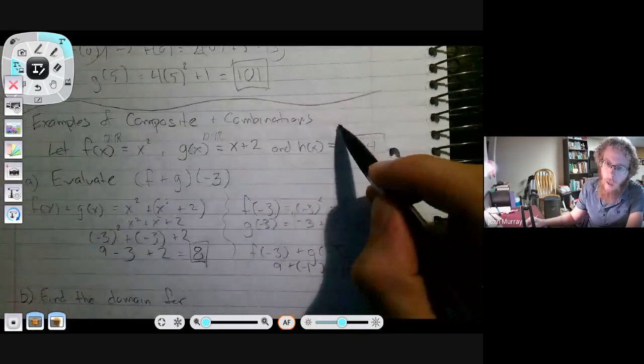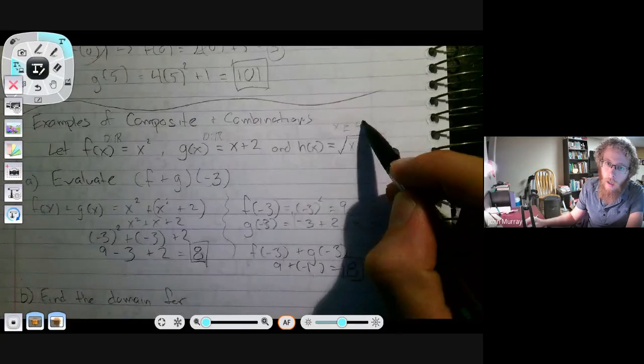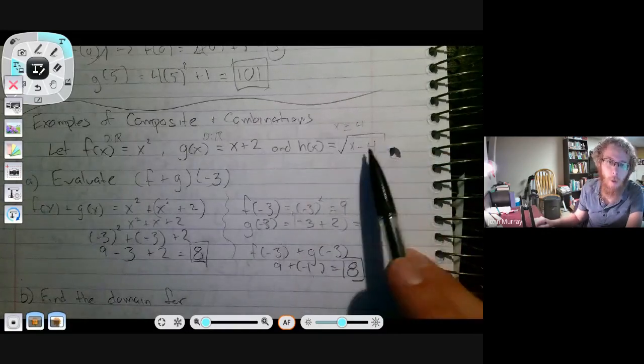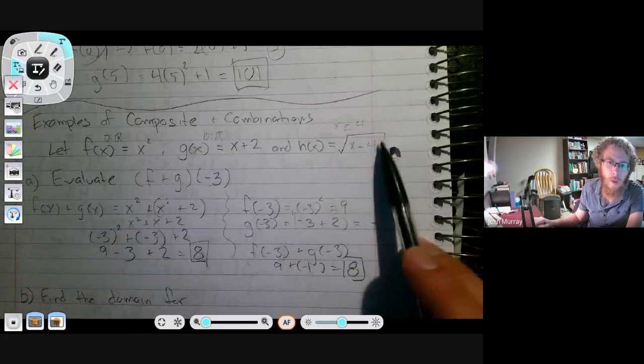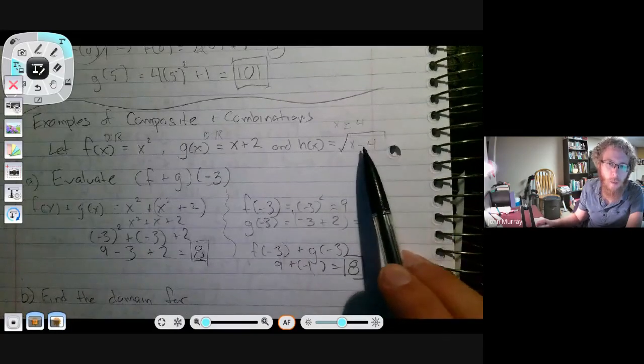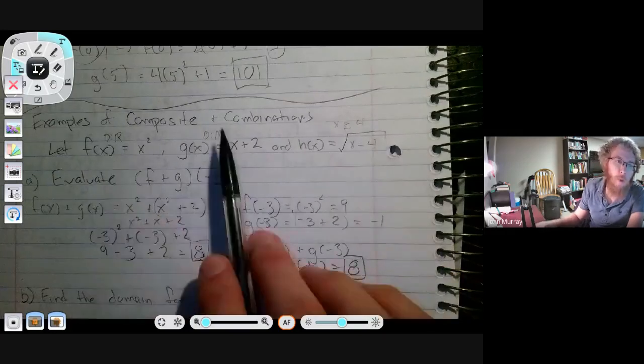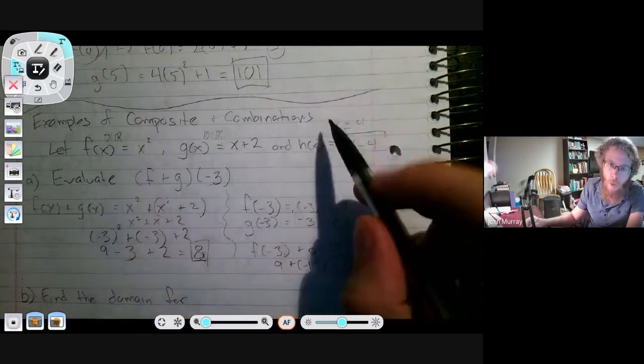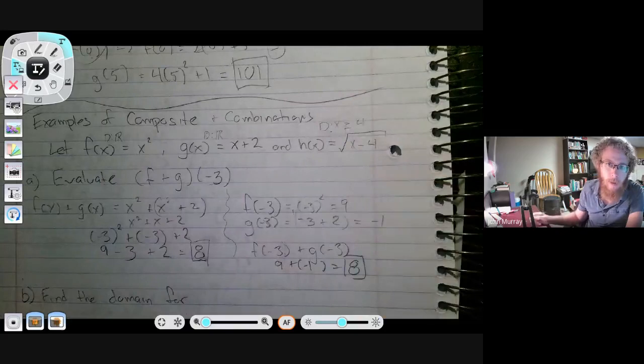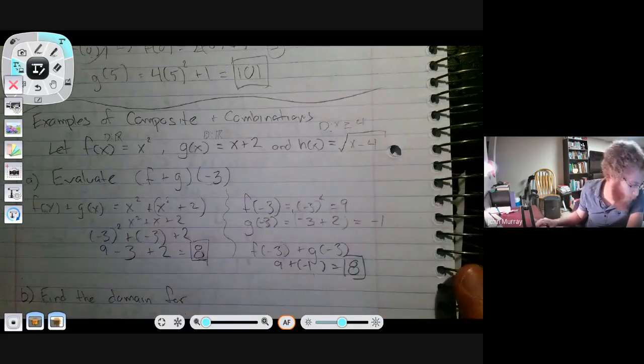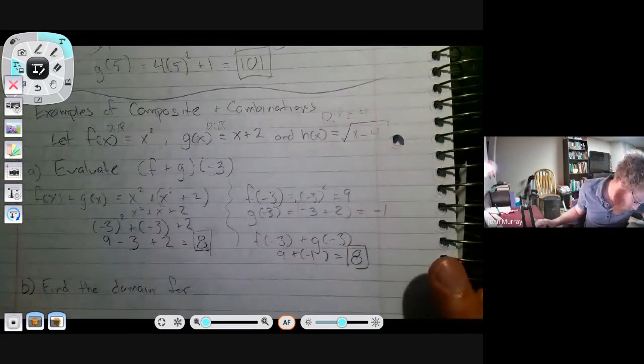Here, I need x to be greater than or equal to 4. That's our rule for square roots. It has to be greater than or equal to 0. So if you have all these labeled before, it might help you out later on when they ask you for the domain.